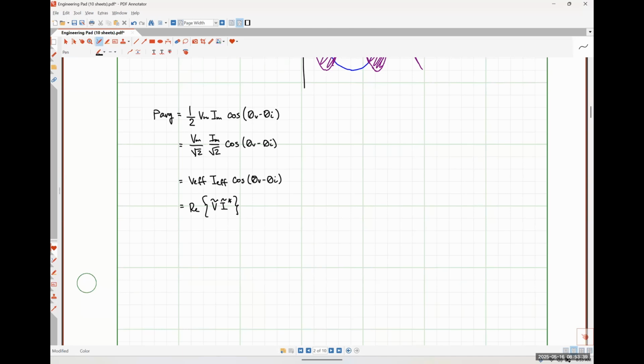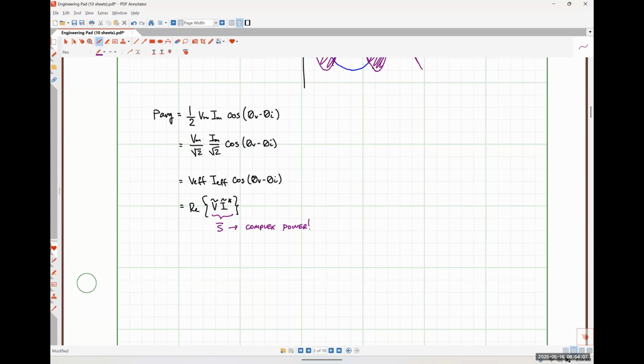So this quantity right here is what's commonly referred to as S, which is our complex power. Okay. And now we're going to pivot and explain where those RMS phasors come from, and then go into much more detail about this concept of complex power.